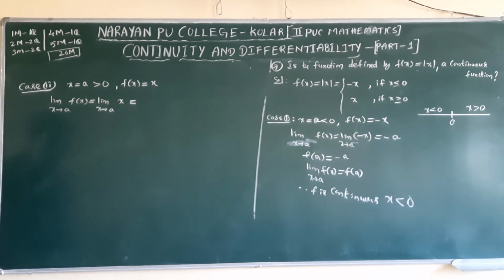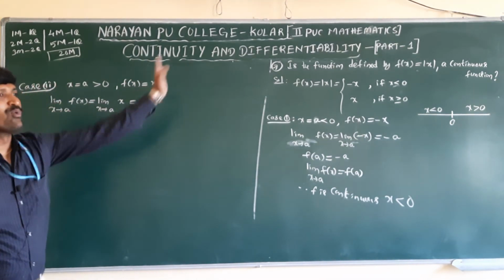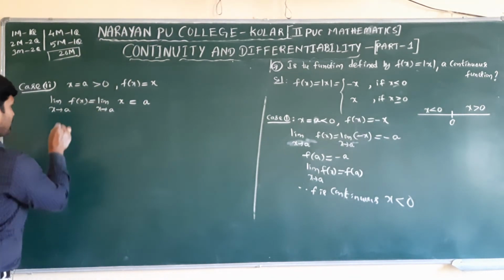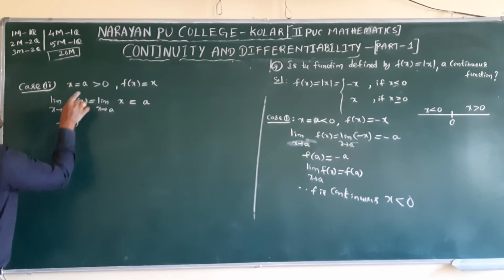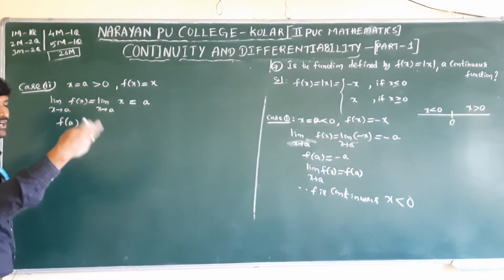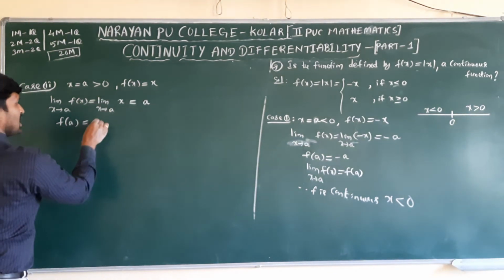Limit x tends to a, what is f of x? Only x. Here the symbol a plus is not required, because exactly a single function exists, for a clearly more than 0. Now substitute a in the place of x. Function value: a is more than 0, like 1, 2, 3, 0.5, 4, 5, 6. Here also f of a means we get a.